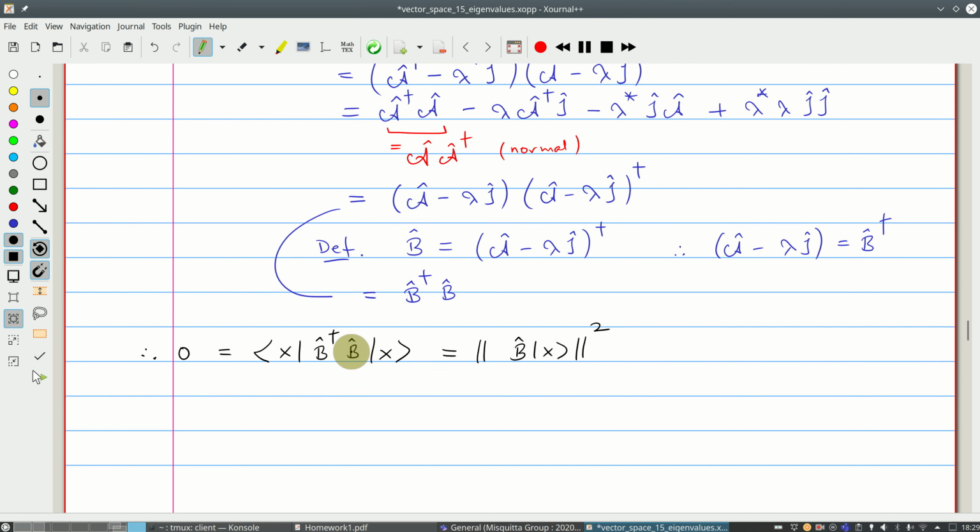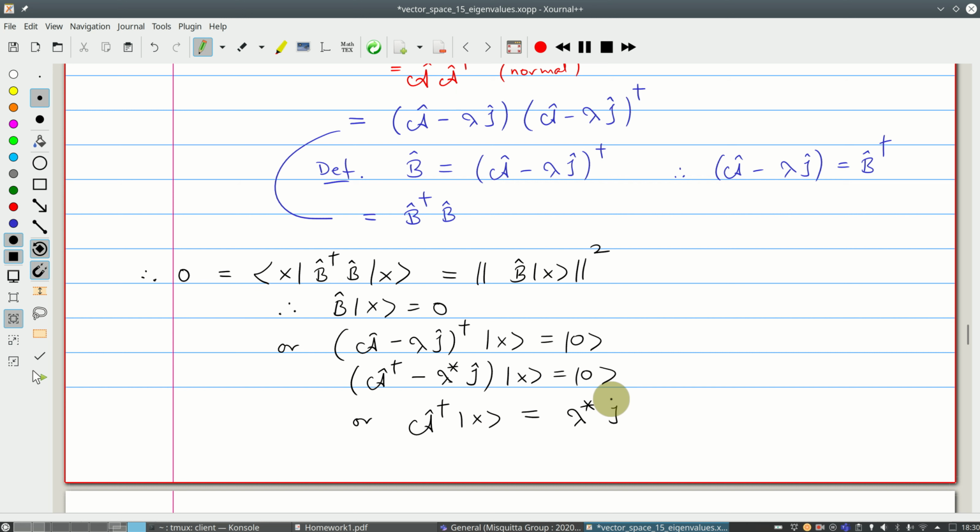Or A dagger operating on x is equal to, if I pull this on this side, lambda star I hat operating on x. And now we can drop the identity operator because it's not doing anything anymore.